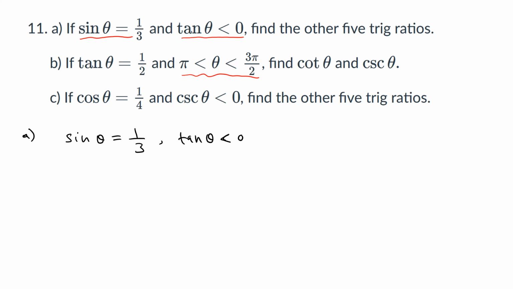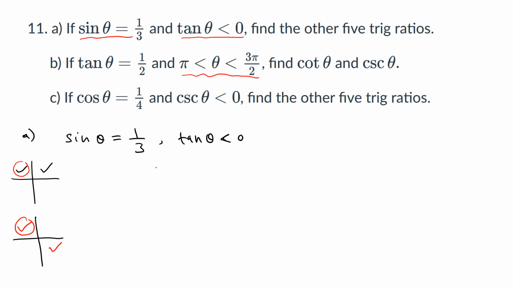That means it should be in either the first or the second quadrant. Tan negative means it should be in either the second quadrant or the fourth quadrant. And then you can see that only the second quadrant is common. So that's where the angle lies.